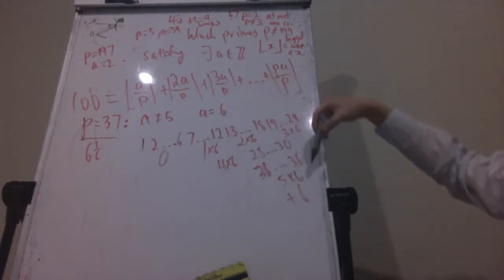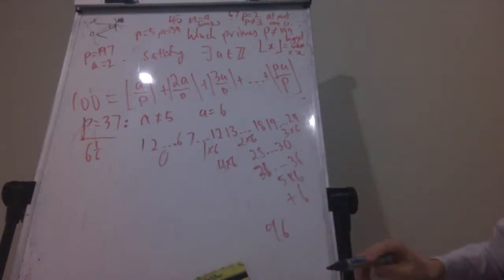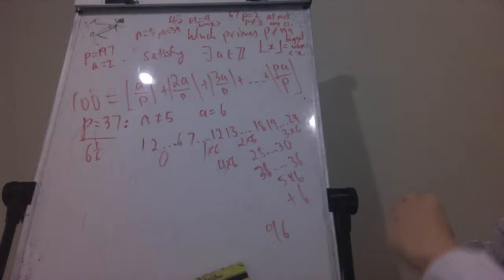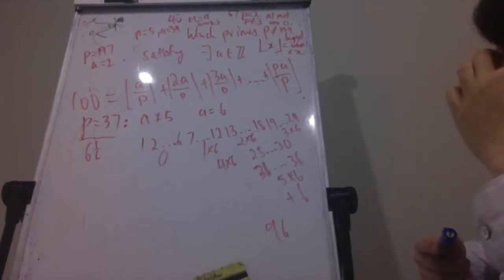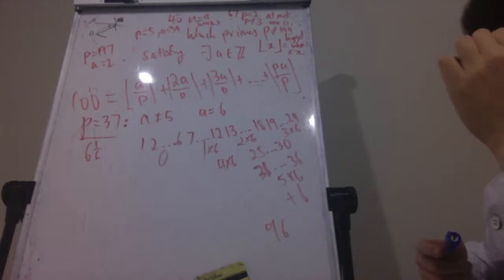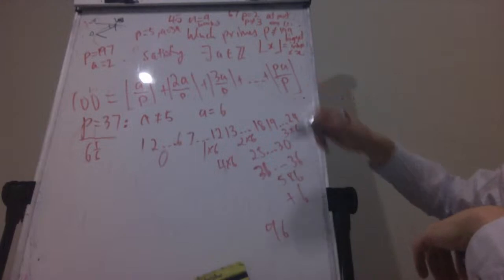So it's 15 times 6 is 90. 96. 37 is an annoying number. So A equals 7 is way over, right? It's like 150. Anytime it's extreme, it sounds funny. Okay, so 37 doesn't work.